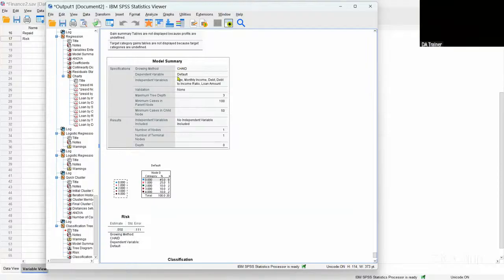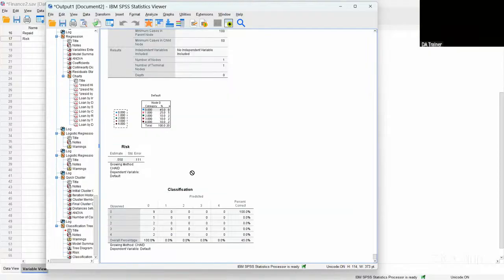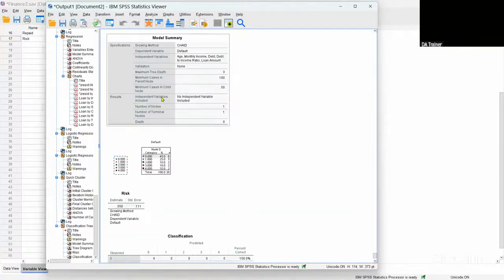Okay, this is a summary of the tree. It has a maximum tree depth of 3. That means it was able to break down the tree into 3 segments, and the maximum is just 3 depths, and the minimum cases of child is just 50.